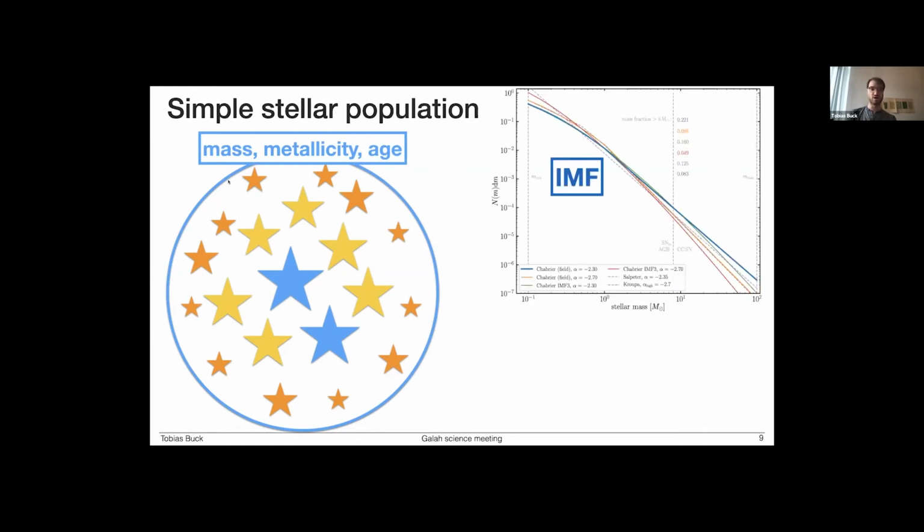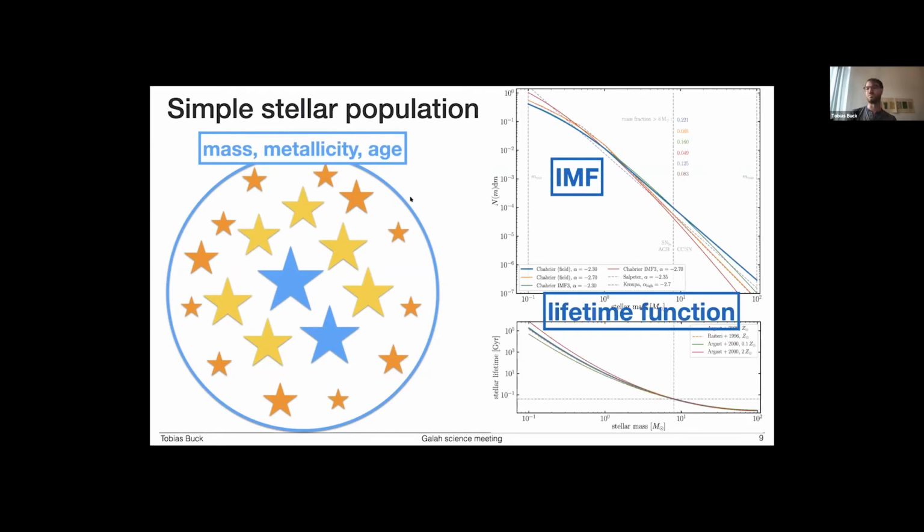And so in order to convert this simple stellar population into single stars, we need the IMF and we need the lifetime function. And then we can say, okay, how long do stars in a given mass bin live?